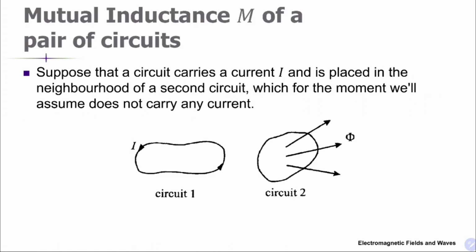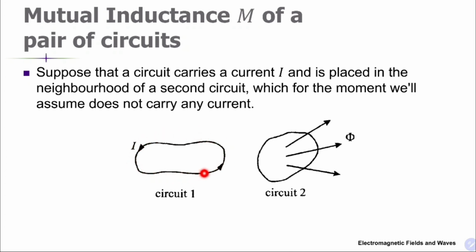So we have self-inductance just now, and now we have mutual inductance. Self-inductance is from its own circuit. Mutual inductance is from an external circuit. Suppose we have a circuit carrying a current I, and it lies in the neighborhood of a second circuit. Circuit 1 has a current.